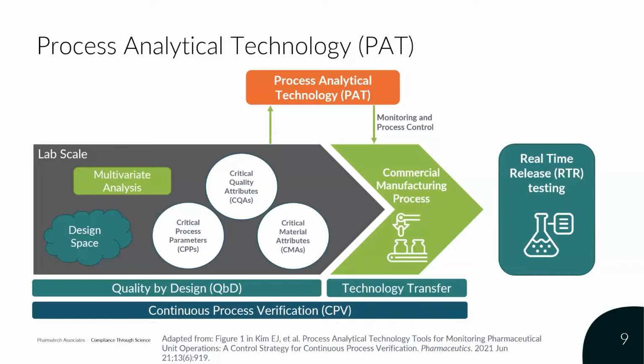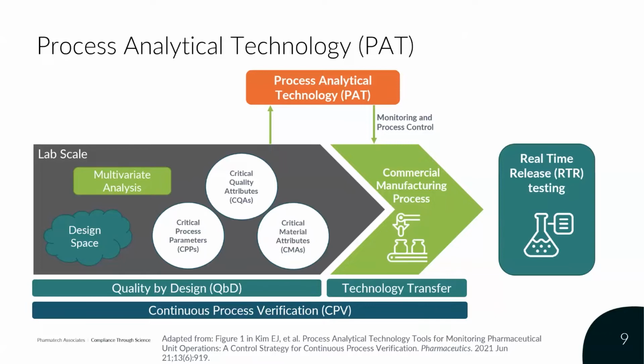One of the drawbacks of the batch manufacturing process, and a batch manufacturing process can still utilize process analytical technology, but if you've got a basic batch manufacturing process and no PAT in place, a big drawback is the length of time it takes you to produce a batch.